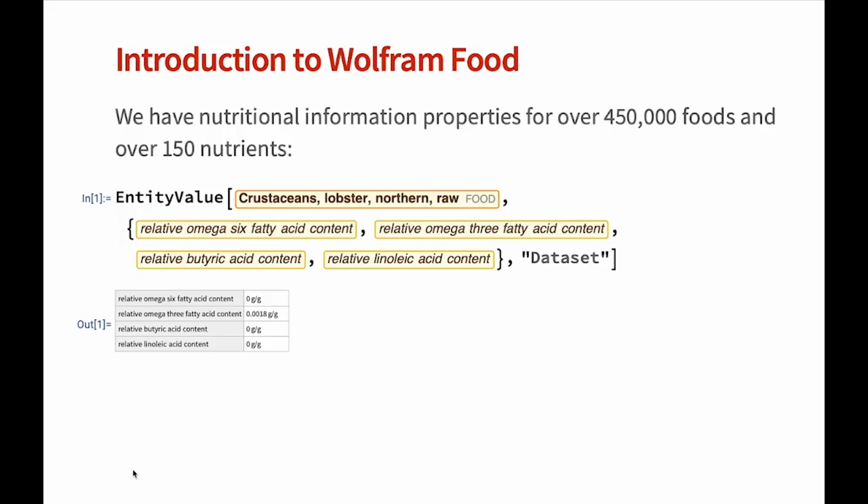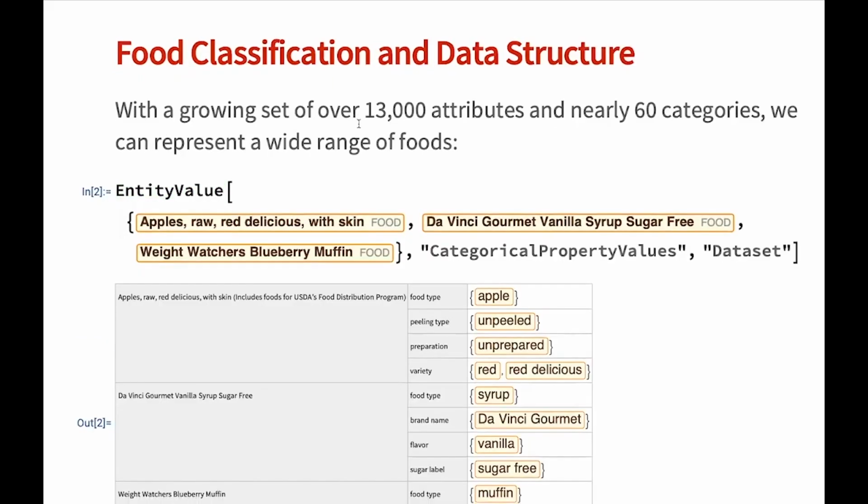Here's just a quick little example of 4 of those nutrients and the way that you would access these using entity value. Another thing that is really interesting about the way that food works in Wolfram language is our data structure and our categorization of foods that allows us to represent foods at different levels of specificity.